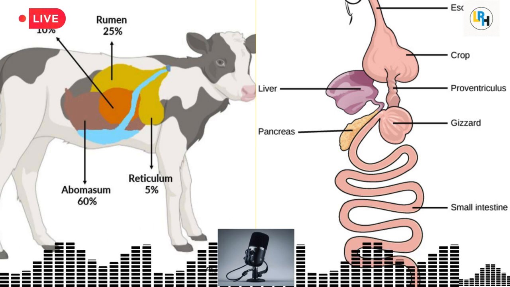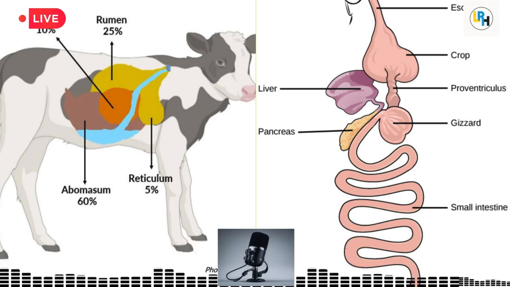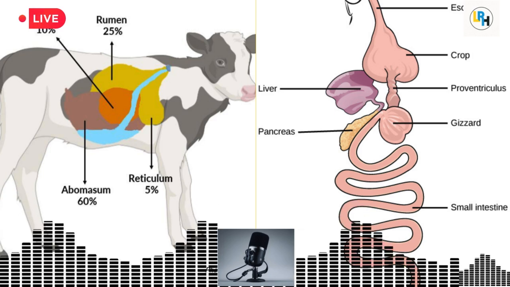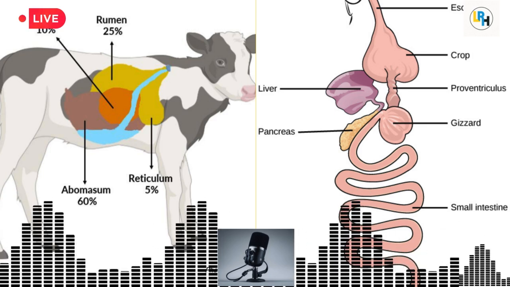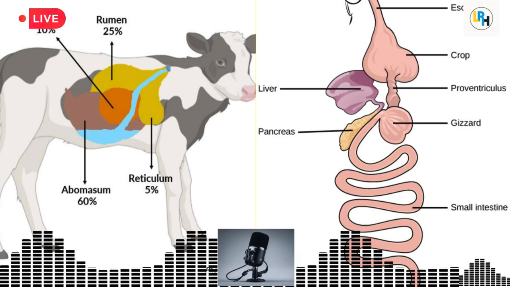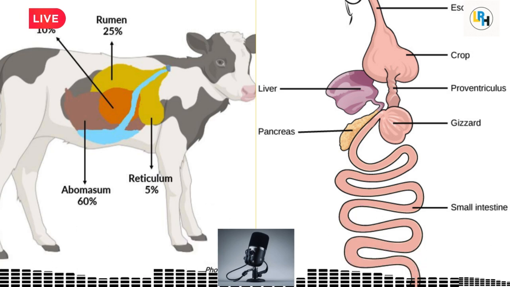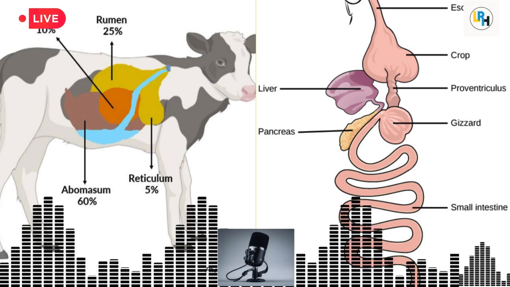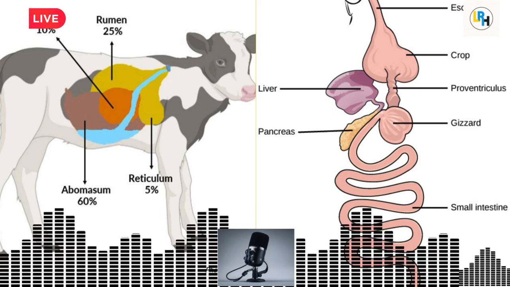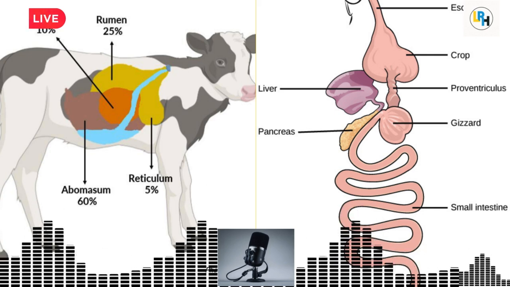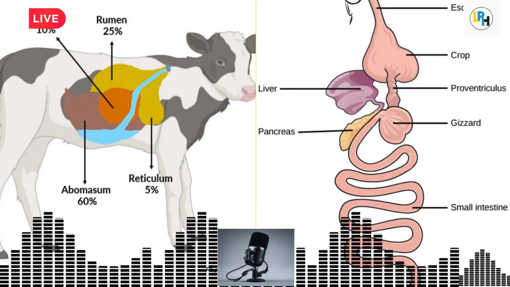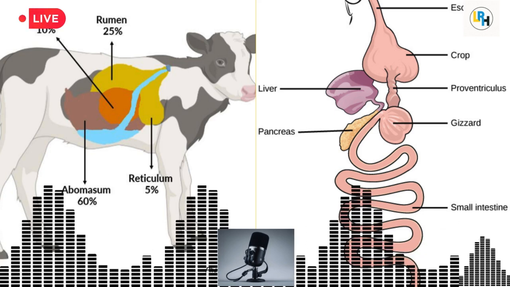Now, let's look at the internal structure and functions of these 3 categories of domestic animals. 1. The ruminant's digestive system. The ruminant has 4 main chambers, namely the rumen, omasum, abomasum, and reticulum.